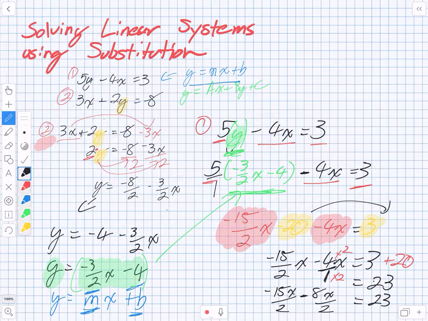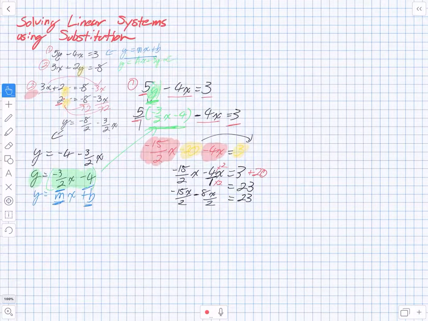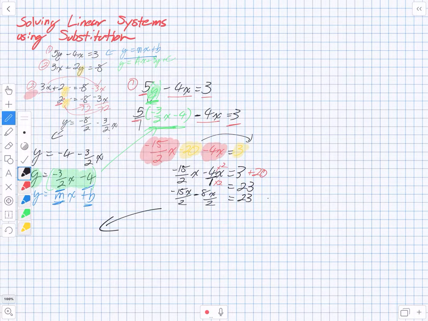Let me shrink this so it fits. So negative 15 minus 8 is going to be negative 23. So we get negative 23 over 2x is equal to 23.